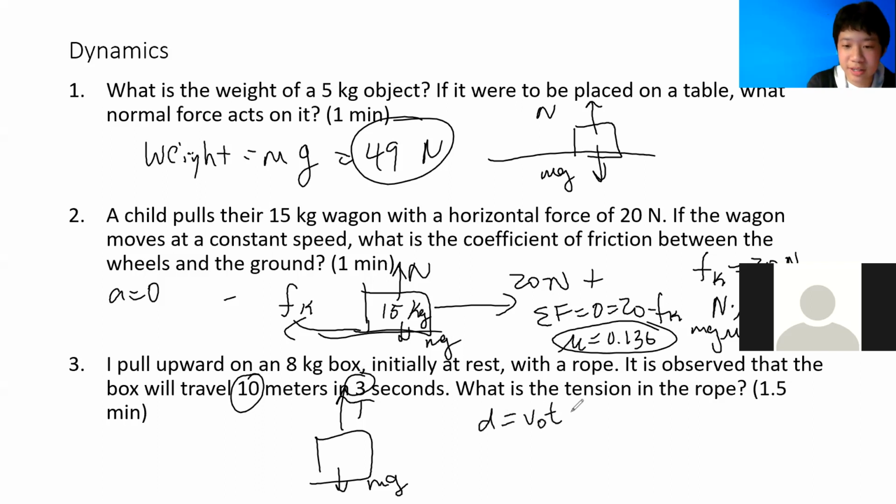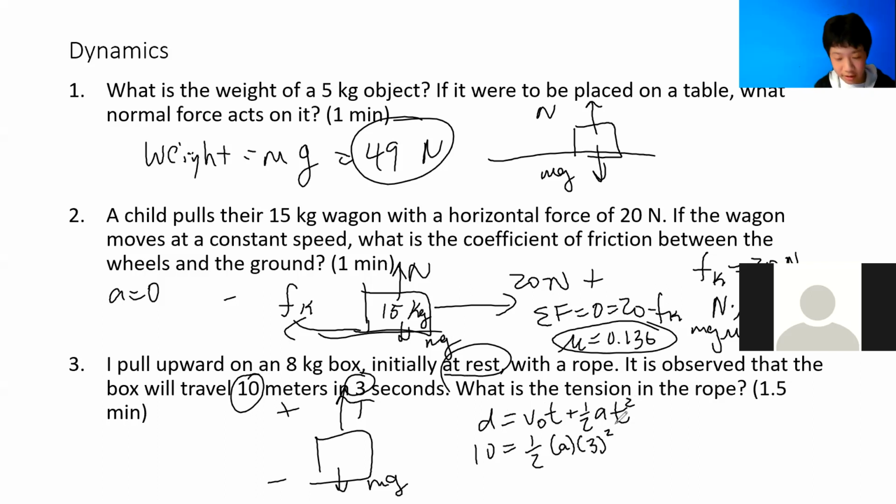D equals v0t plus 1/2 at squared. So if we establish a positive here and a negative here, then our displacement will be positive 10 meters. V0 obviously is nothing because it's initially at rest. So all we have is 1/2 times a times 3 squared. So now to solve for a, I'll have 10 times 2 divided by 9, 2.22 meters a second squared.